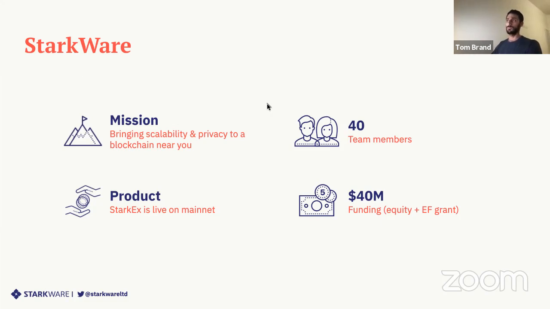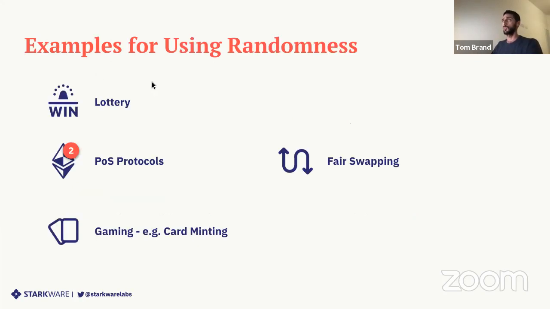Before we start diving into how VeeDo works, the main purpose of VeeDo is to generate secure and unbiased randomness. So what do we use randomness for in the blockchain ecospace, and generally speaking? There are a few applications that come to mind when we think about using randomness in Ethereum or in blockchains.